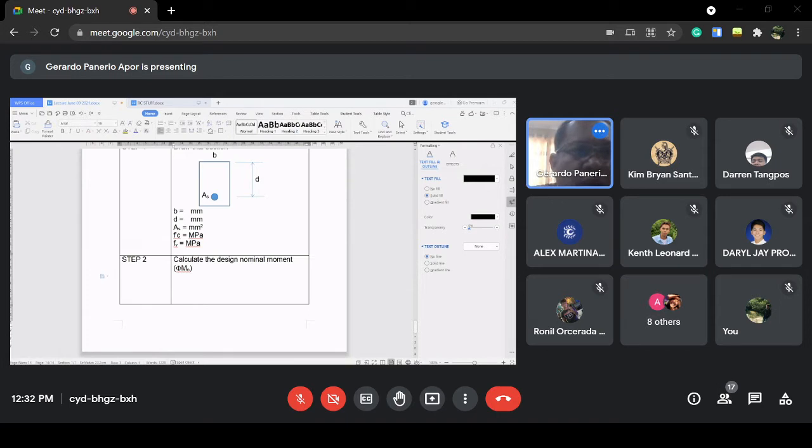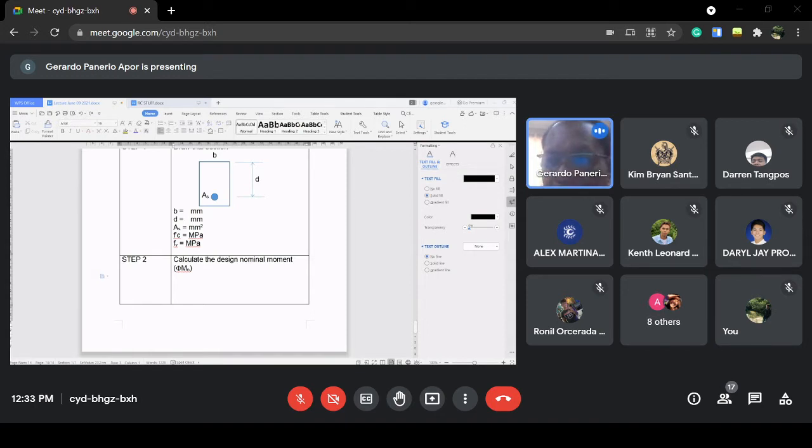We call this as Whitney stress block. Rectangular stress block. Okay, I think this one is okay.